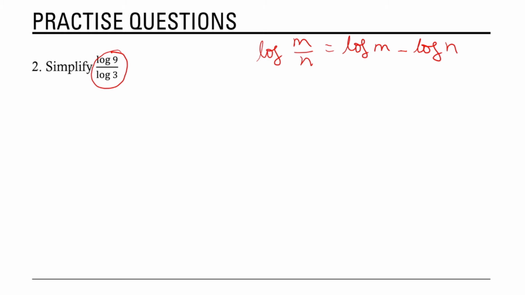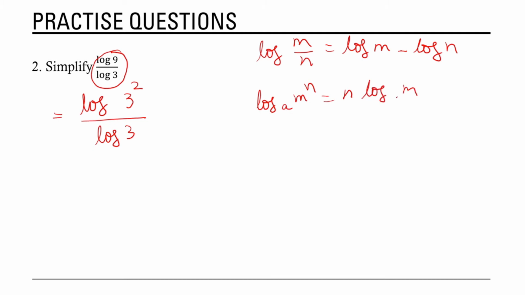Okay. So, here log 9 divided by log 3. I am simplifying log 9. You know that the value of 9 is 3 square. So, I am writing log 9 as log 3 square divided by log 3. We know that log m raised to n to the base a is equal to n into log m to the base a.